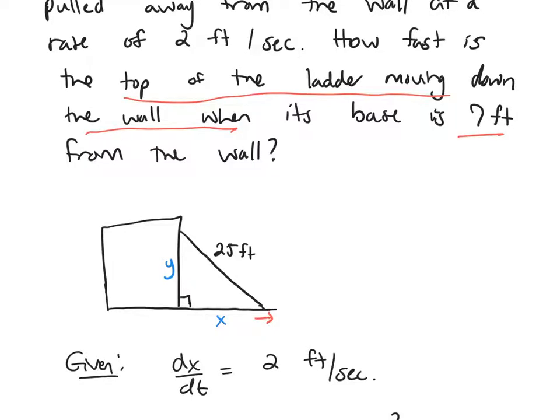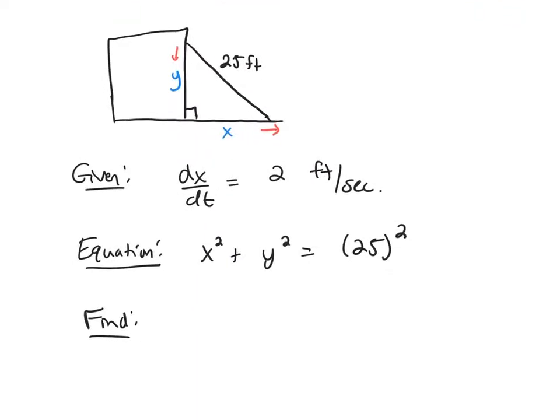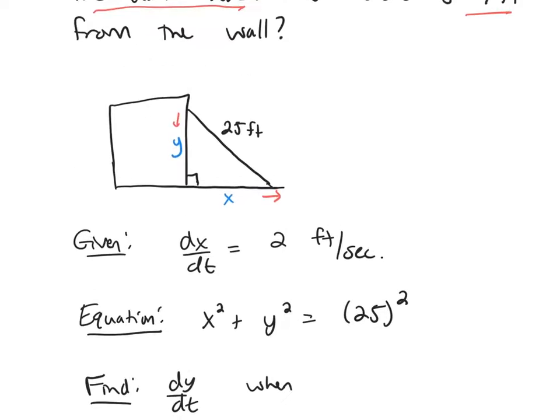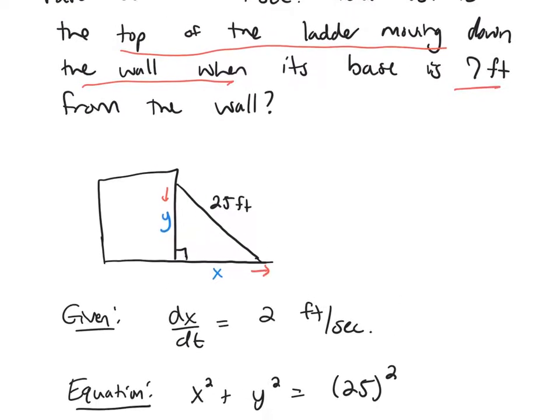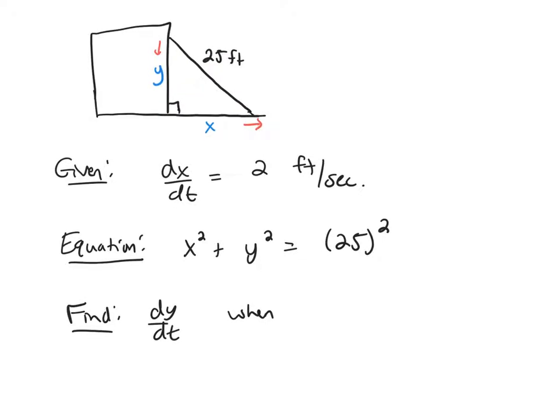So I'm asked for the top of the ladder. It's going to go down like that. So I'm asked for dy/dt when the base is 7 feet from the wall. So that would be x when x is 7 feet.